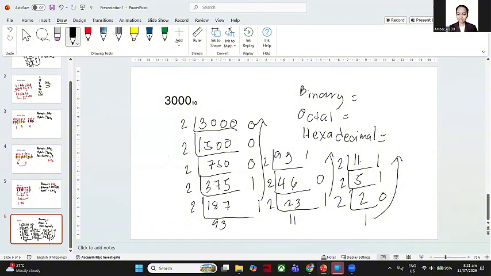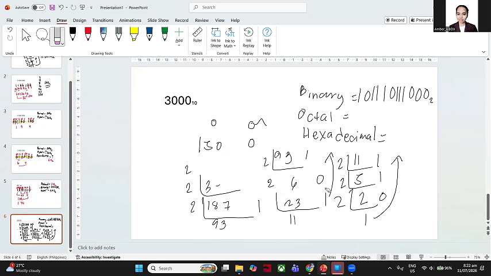So now we have 1, 0, 1, 1, 1, 0, 1, 1, 1, 0, 0, 0. That's a mouthful of binary.